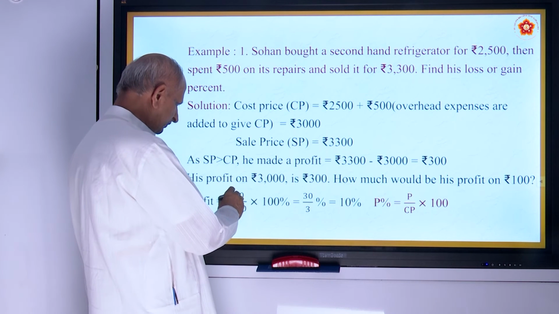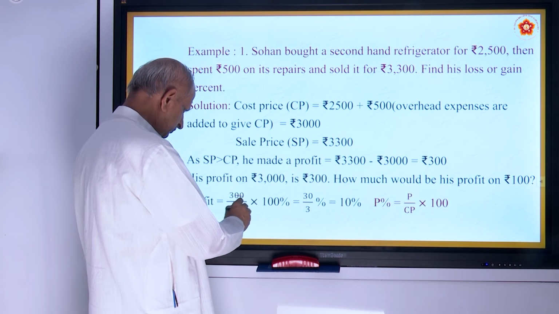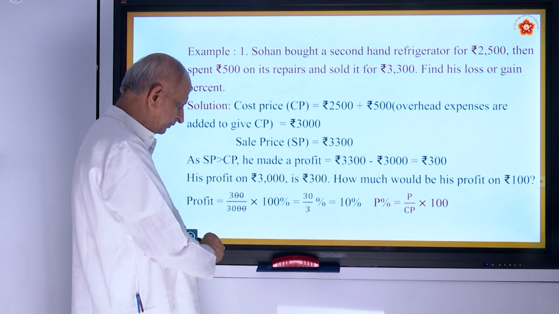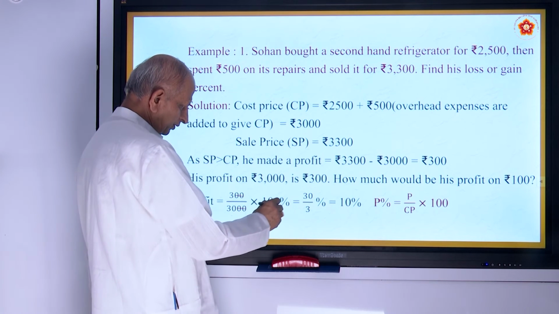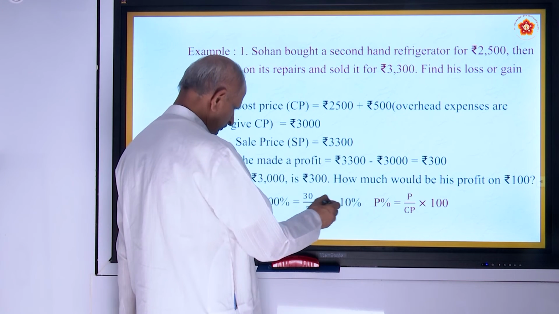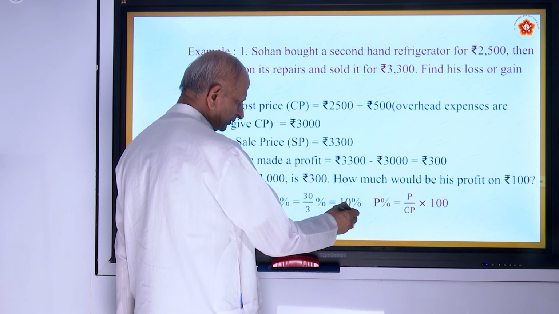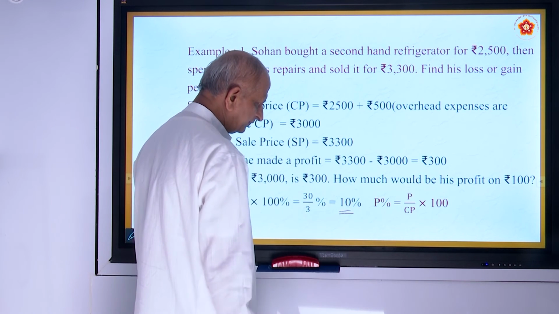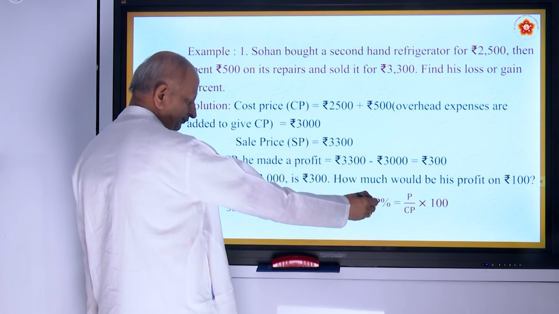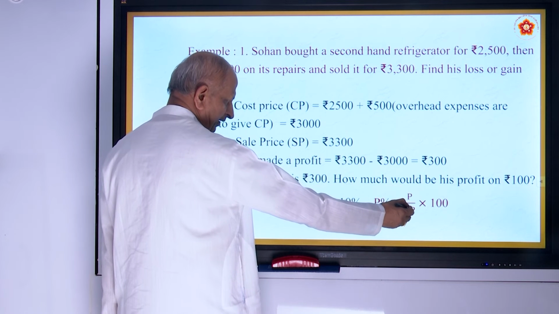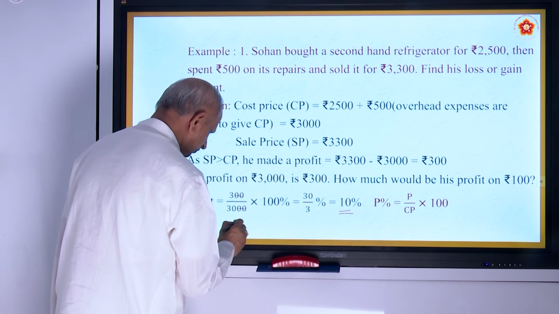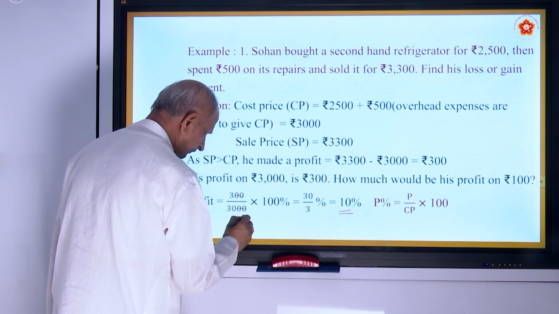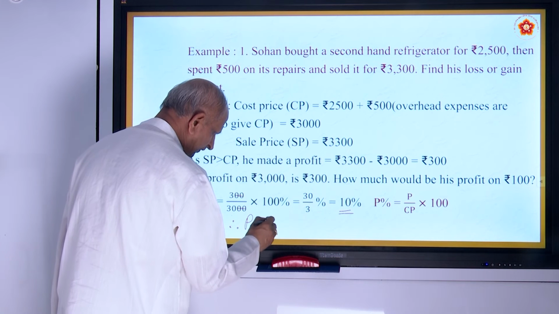Here the zero cancels. 3 by 30, that is 1 by 10. 1 by 10 into 100, that is 10%. So, the formula is: percentage of profit is profit by cost price into 100.